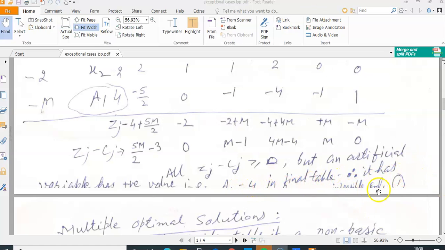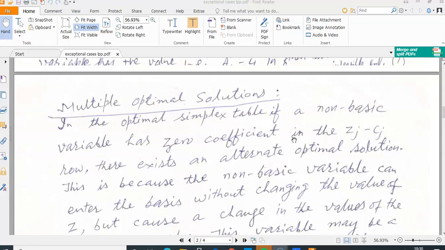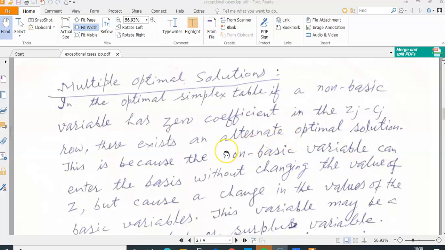Therefore, it has an infeasible solution. Whenever you find this kind of situation in the final table, you conclude that this problem has no feasible solution.